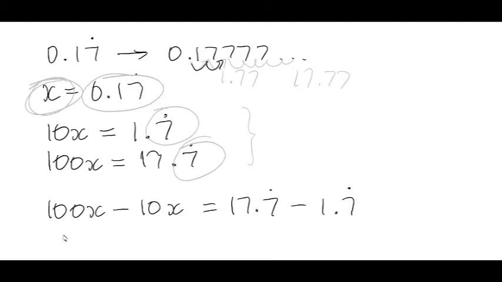And what happens? Well, this time on the left, it's 100x minus 10x, which is 90x. That's going to equal, well, on the right hand side, the recurring bits cancel out. This time, we have something different. We have a 17 minus 1. Okay, so we now have 16.